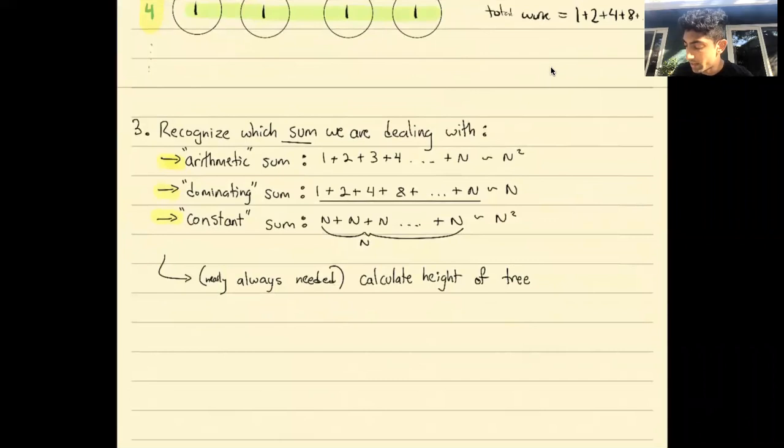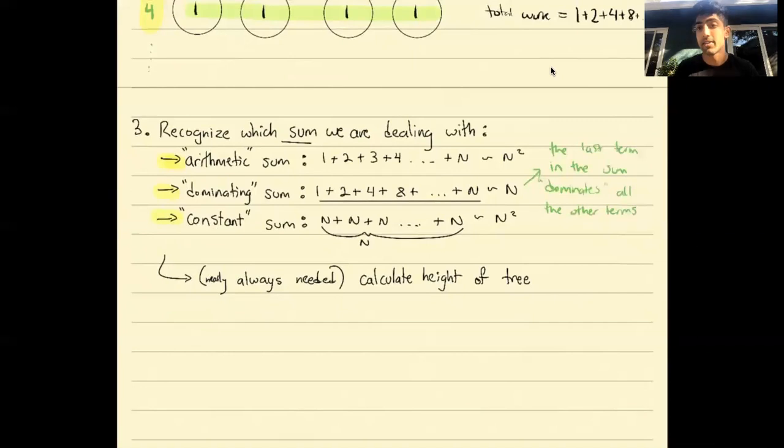A dominating sum is characterized by this principle: the last term in the sum dominates all the other terms.